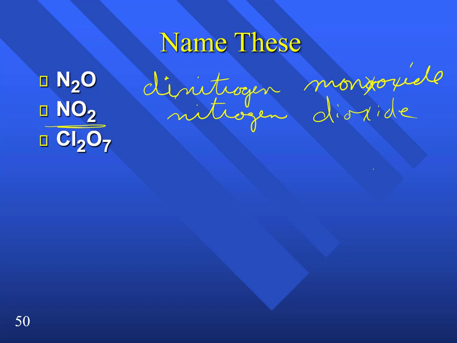Okay. Cl2O7. They're easy to write, they're a pain to say. Okay? Di for 2, chlorine, and then the prefix for 7 was hepta, oxide.